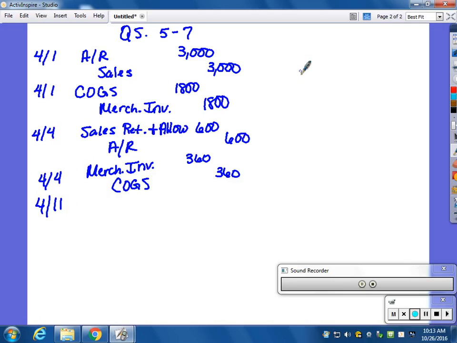Their return. So originally their amount was $3,000, right? And then they returned $600, so we subtract that, which gives us $2,400. And they're paying within the discount period, so that $2,400 times 2% discount gives us what? How much?